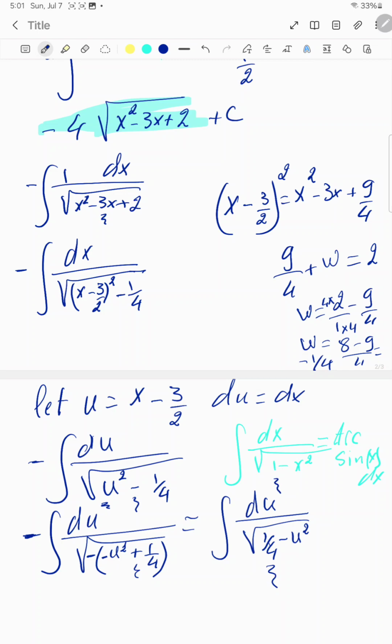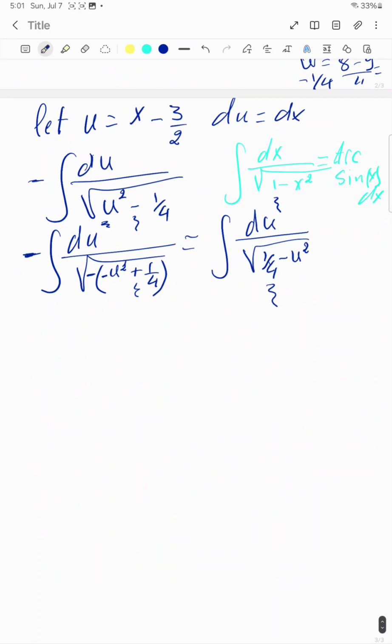So let's have 1. To have 1, I'm going to factor out 1 over 4. So my integral becomes du divided by the square root of 1 over 4 times 1 minus u squared divided by 1 over 4.